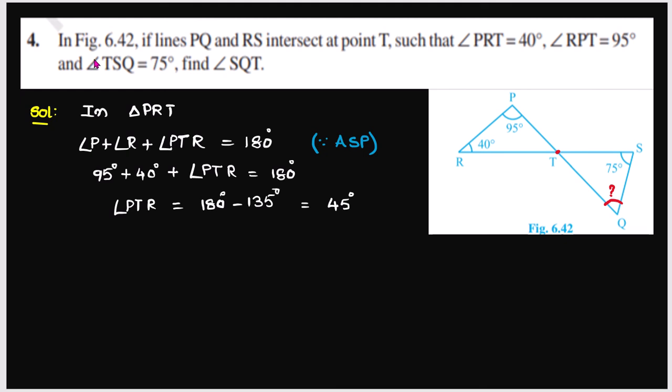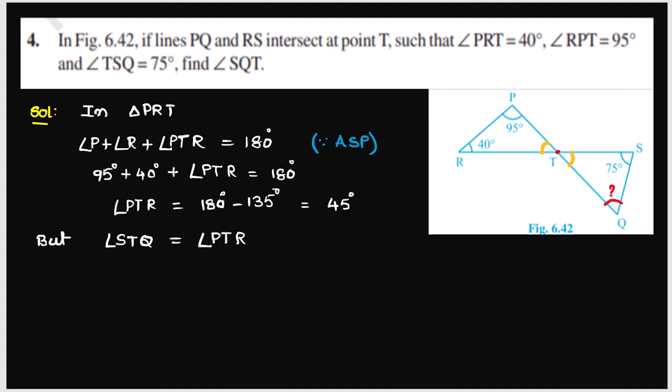Since angle PTR and angle STQ are vertical opposite angles, as I showed here, this angle and this angle are vertical opposite angles. So angle PTR equals angle STQ. What is the reason? Because they are vertical opposite angles.